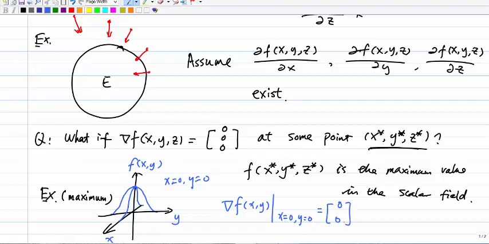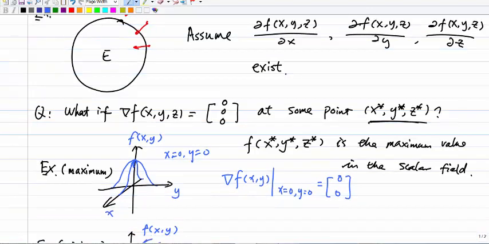At the maximum, the highest value reached, you actually don't want to move away from this point. Anywhere you move away from it, the value is going to decrease, because that's the maximum point. So the maximum increase is to just stay there. You don't move. That's why you have 0, 0, 0.